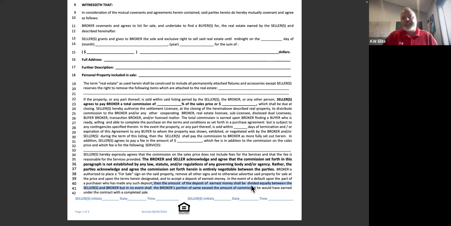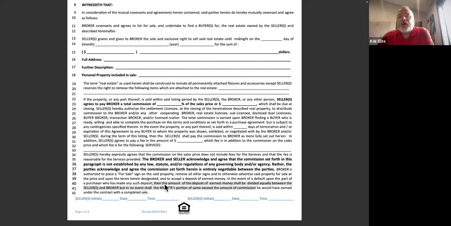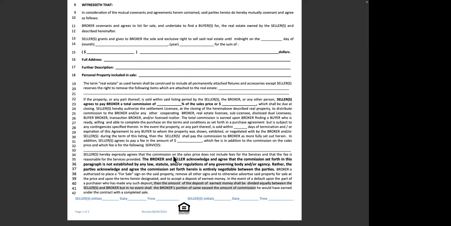So this is only if the seller is willing to keep the money, or has the right to keep the money, I should say. And if the seller has the right to keep the money, we would receive the percentage of what our commission would be, nothing greater than that. Correct. You receive 50%. It just can't be more than whatever your total commission would have been. Okay, gotcha.